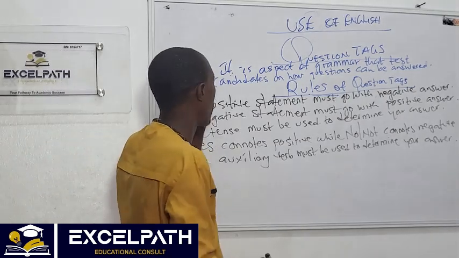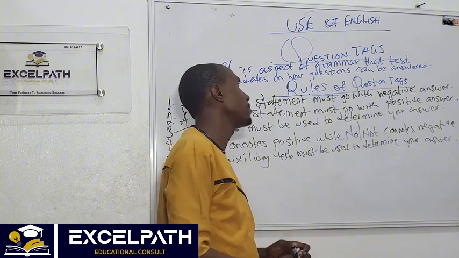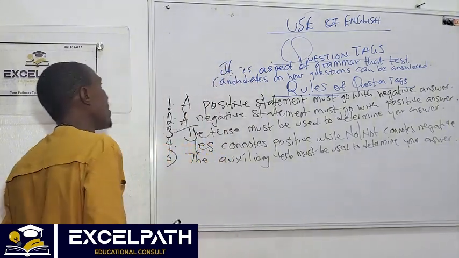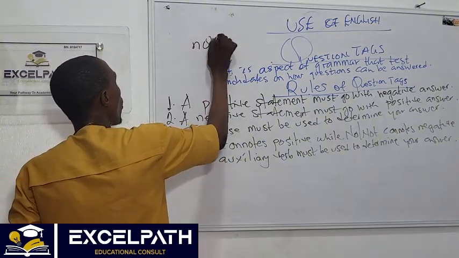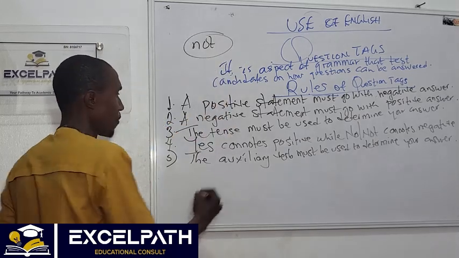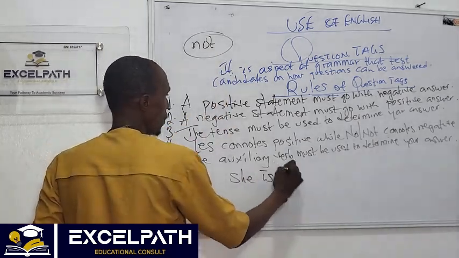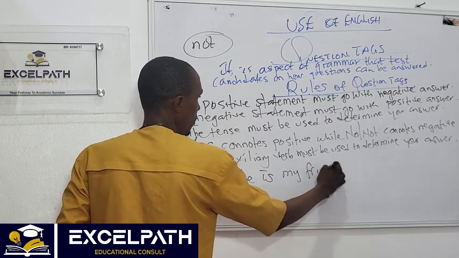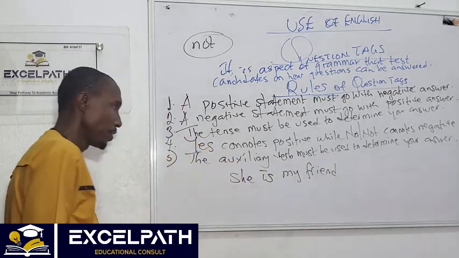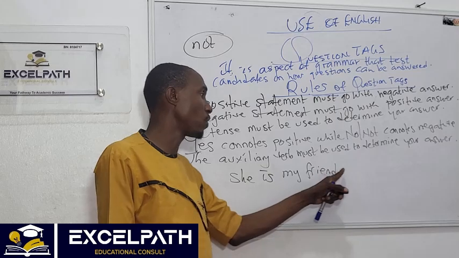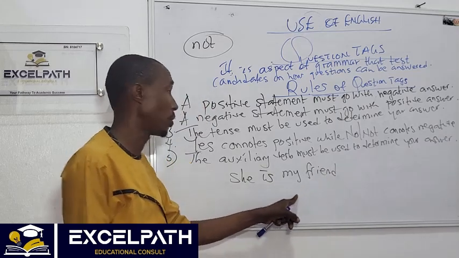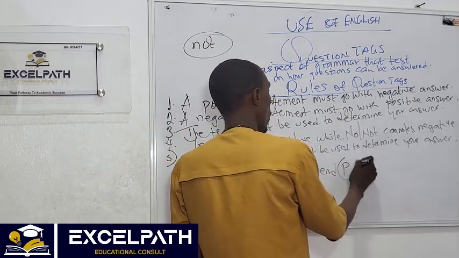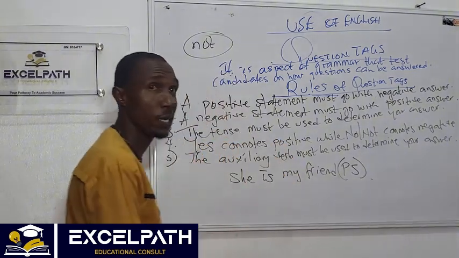Number one, a positive statement. What do you mean by positive statement? It is a statement that does not carry what? Not. Take for instance, she is my friend. There is no word not in this statement, so automatically, this is what we call a positive statement.